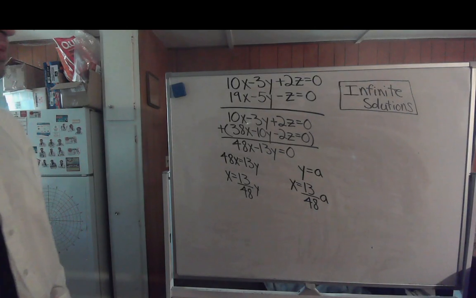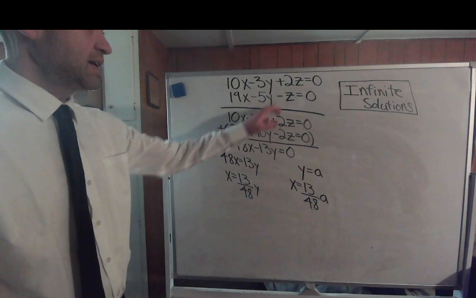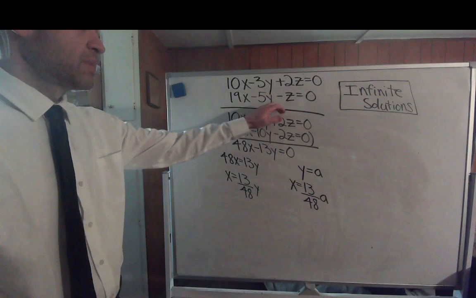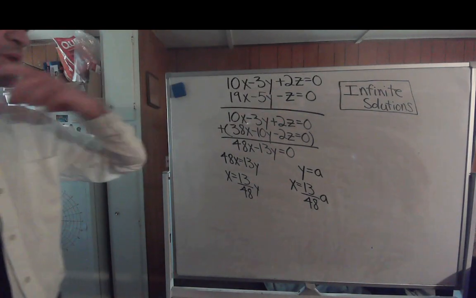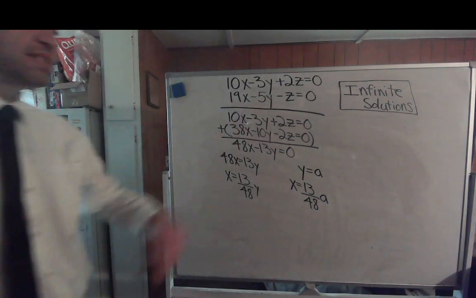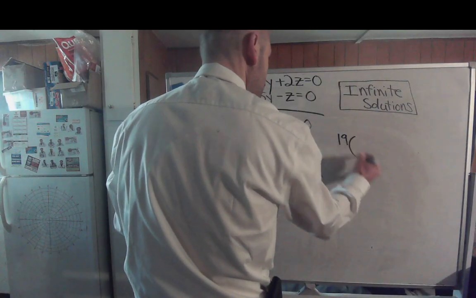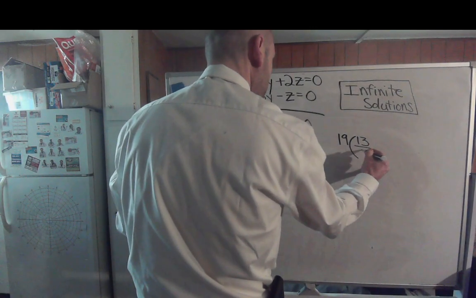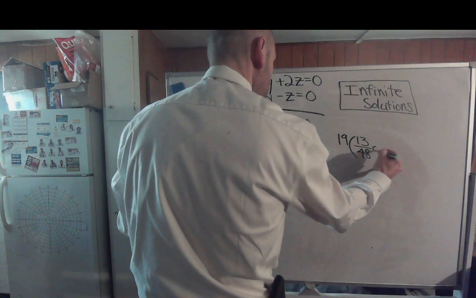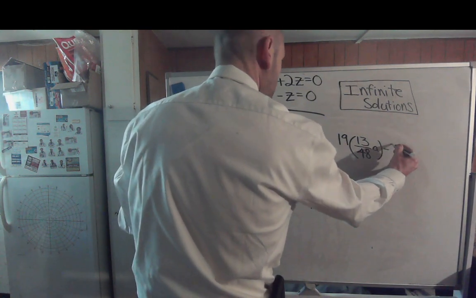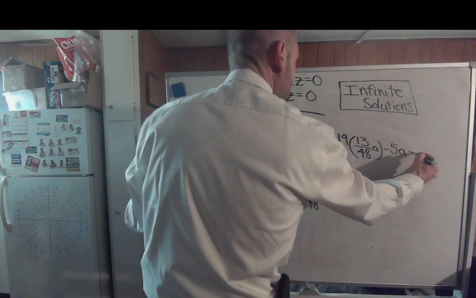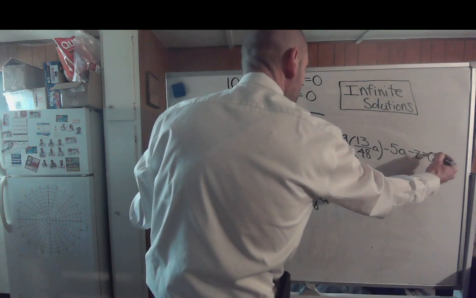So now all we need to do is solve for z in terms of a. We'll put that into the bottom equation since the coefficient on z is -1. So we're going to take 19 times 13/48a, minus 5a, minus z, set all that equal to 0.